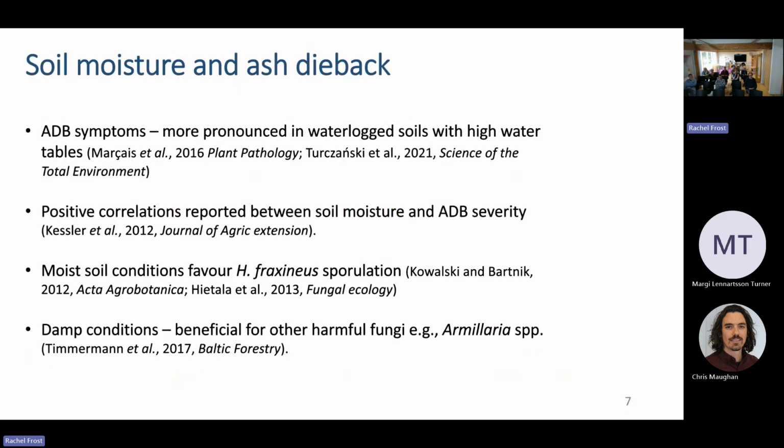It's likely that the soil moisture conditions create more humid above ground conditions, and that the fungus, when it's there on the ground, can sporulate more, produces more spores, and that then creates more disease pressure on the tree. So damp conditions are also beneficial for other fungal pathogens. You might have heard of the honey fungus, Armillaria, and that attacks trees that are already quite stressed. So soil moisture is indeed playing an effect.